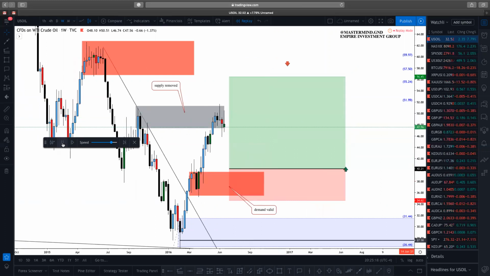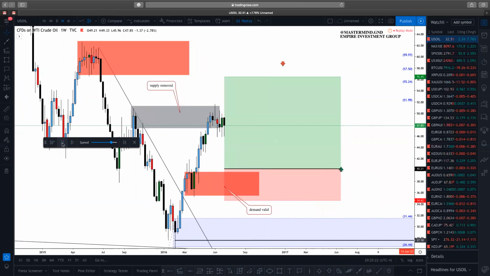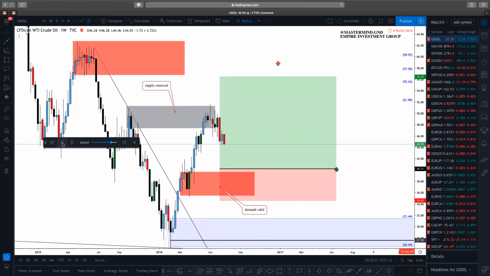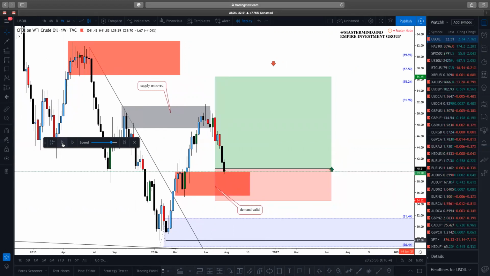So then we wait for the market to come back down if you're trading the weekly time frame. Okay, boom, the trade entered, right?